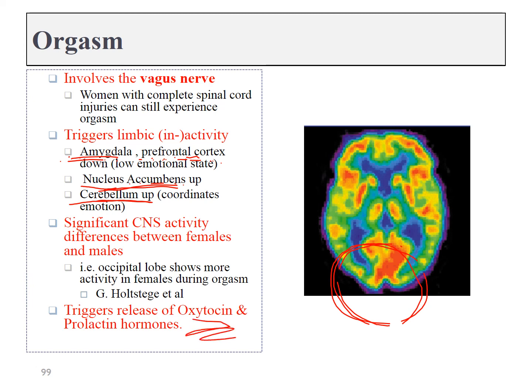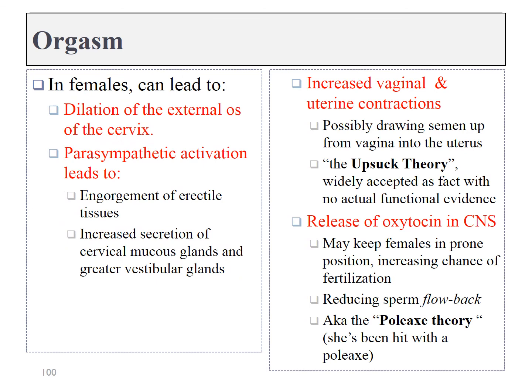Release of oxytocin also happens with an orgasm, and oxytocin is one of our pair bonding hormones, if you will. Oxytocin and activation of the vagus nerve can also trigger smooth muscle activity in the uterus, triggering reverse peristaltic waves. We're not really sure what the smooth muscle activity is for, or even if it really has a function in humans.